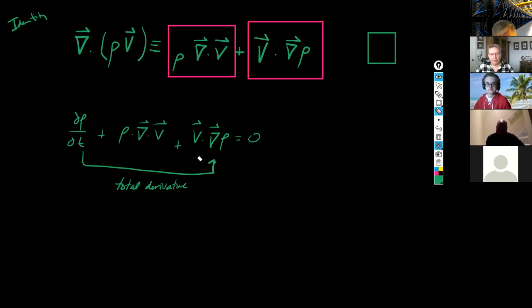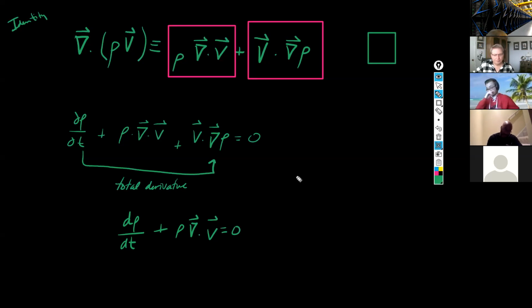Those two components, yes, because it's the velocity times the gradient of this. So those two things are the total derivative. So I take in here and I go, all right, this is actually d rho dt plus rho, and now I'm going to rearrange the terms.